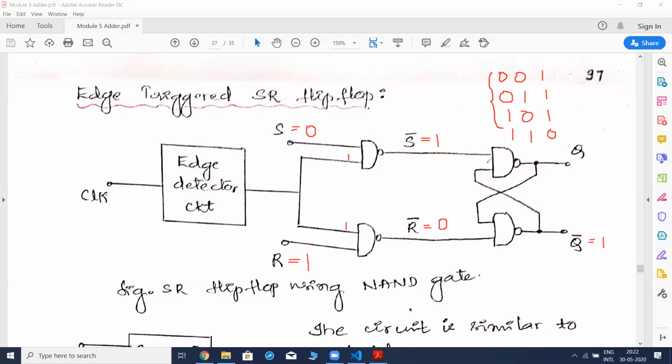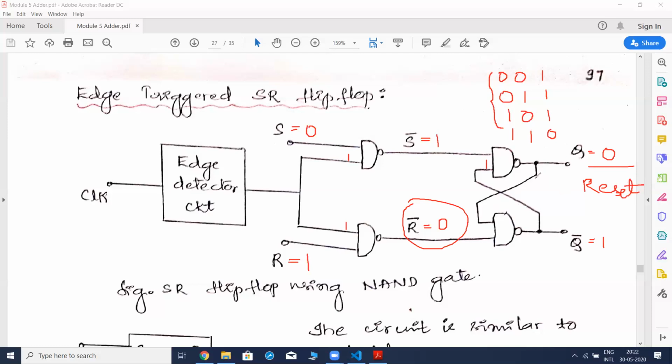So that input appears over here. When both the inputs are 1, 1, we'll get Q as 0. That is what I told. If R bar is 0, then we'll get Q as 0. That means if Q is 0, we call that state the reset state.